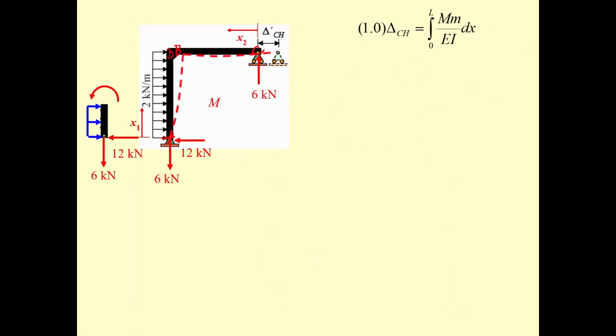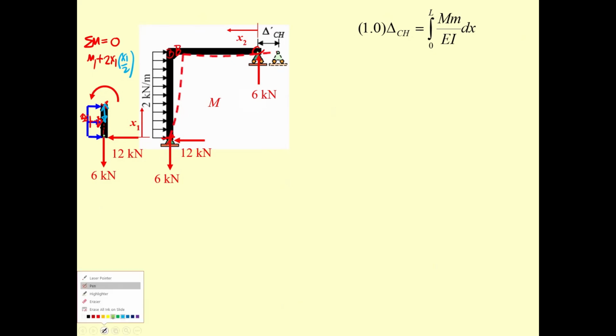Now, based on this, just draw the free body that shows how you get capital M sub 1. Okay, if you take the moment over here, this one produces no moment. Capital M plus the term over here, this is going to be 2x1 times x1, and then the distance from here to here is going to be x1 divided by 2.